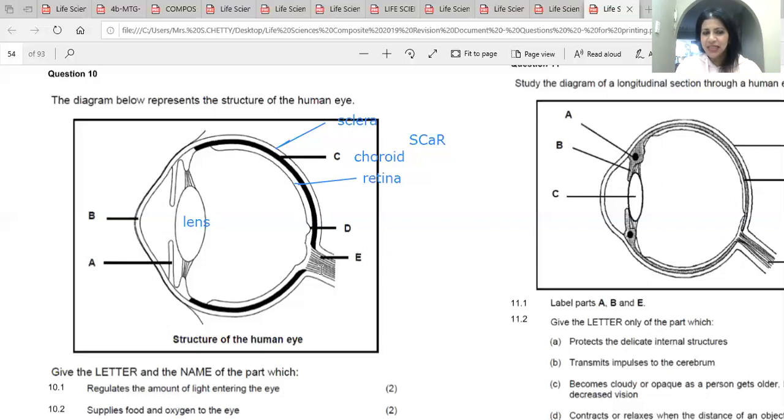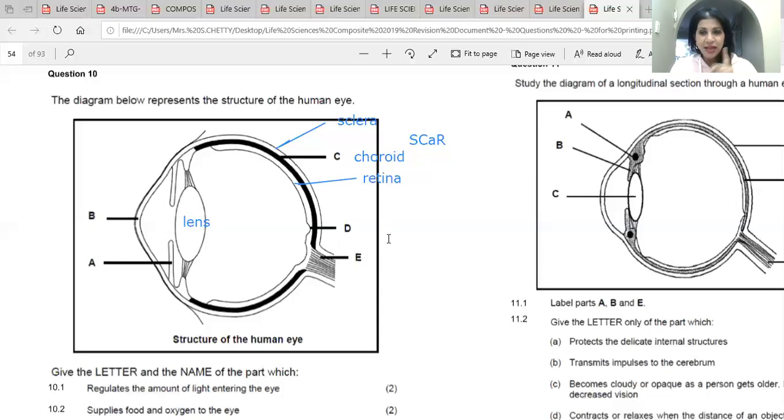This label E is your optic nerve. Remember I spoke to you about your rods and cones being stimulated and impulses being created. Who will take the impulse away from the eye? The impulse has to travel, and that will be your optic nerve. This optic nerve will find its destination in your cerebrum.